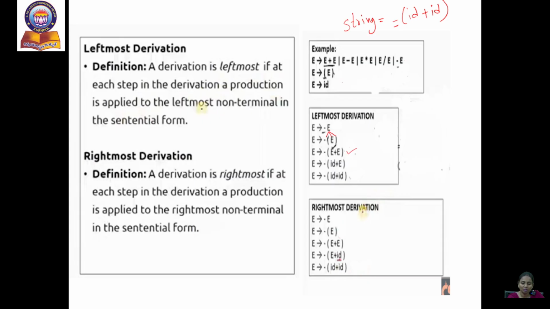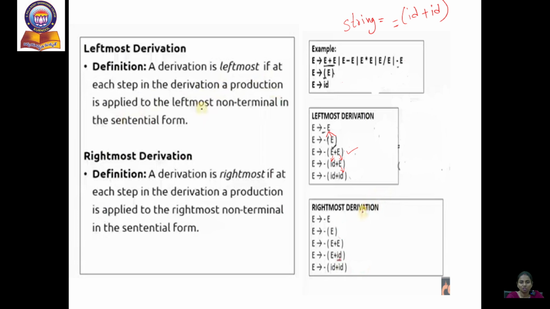Now coming to step 3, here we have the two non-terminals E plus E. As we are following the leftmost derivation, first we substitute the left side non-terminal with this production, and the right side non-terminal we write as it is. At the next step, we replace the right non-terminal with its production, which gives the difference between the leftmost derivation and the rightmost derivation. You can observe they are quite opposite.